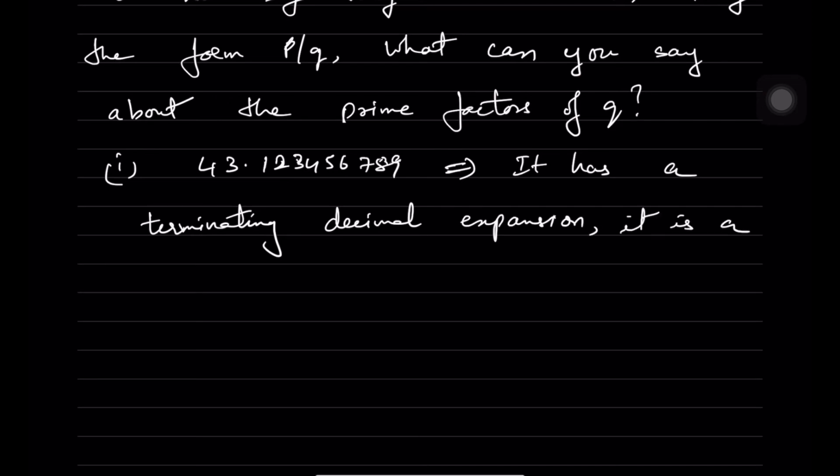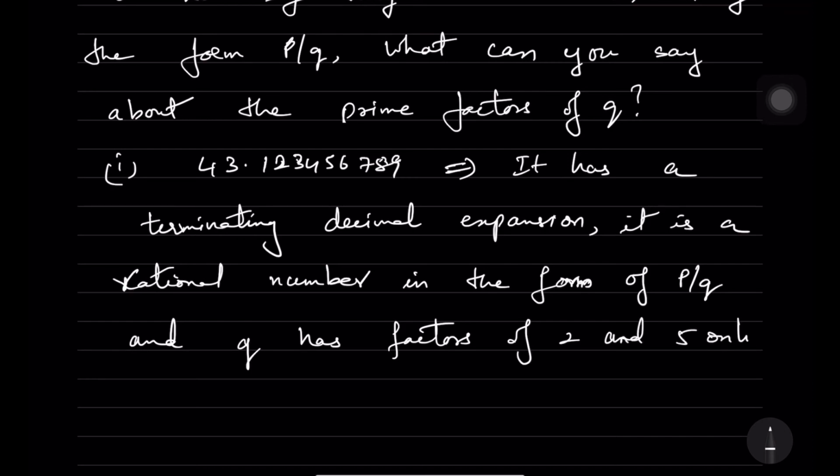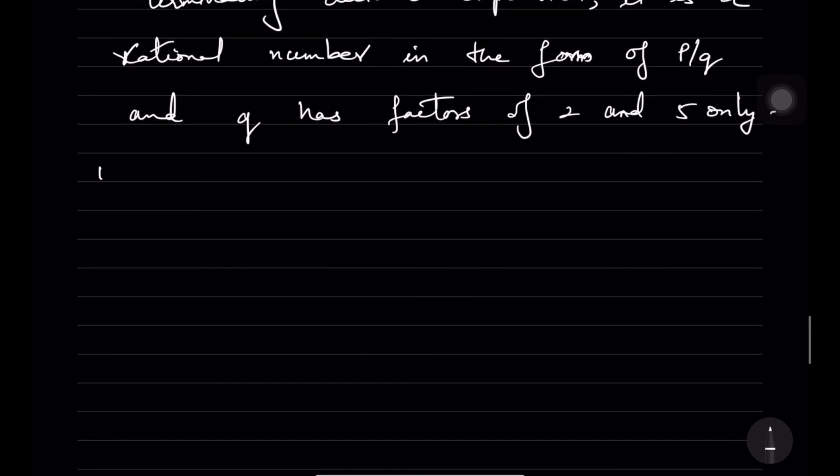It is a rational number in the form of p by q, and q has factors of 2 and 5 only.